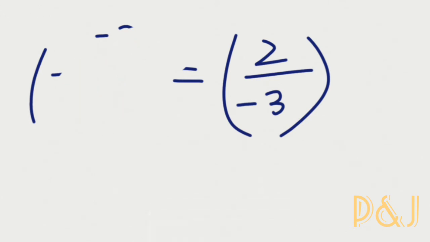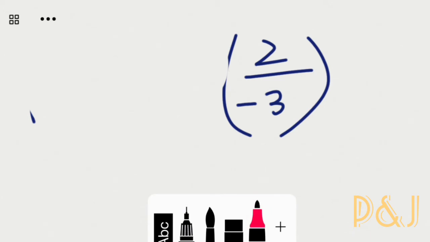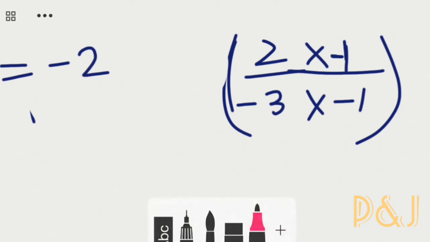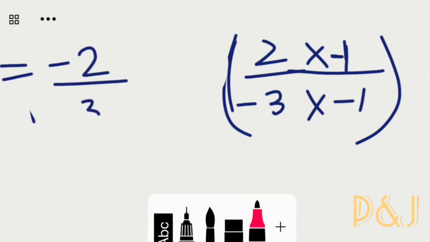So to remove the minus sign from the denominator, we'll simply multiply the fraction by minus 1. So we'll get minus 2 upon 3, because minus minus is plus.